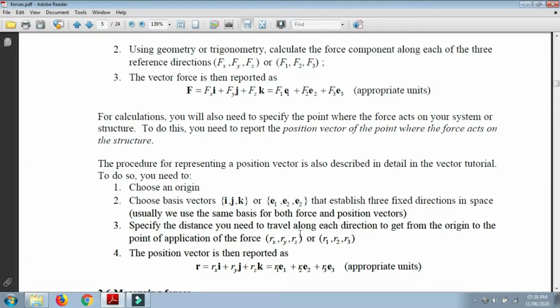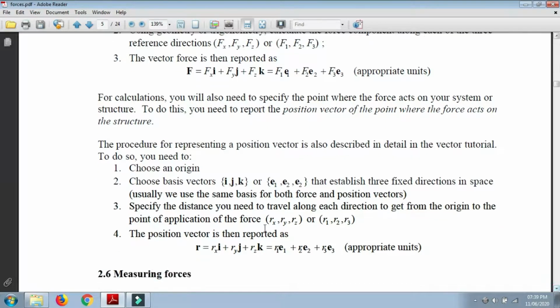Specify the distance you need to travel along each direction to get from the origin to the point of application of the force by Rx, Ry, Rz or R1, R2, R3, depending upon your axes or the coordinate system that you have taken. The position vector is then reported as R equals Rx i plus Ry j plus Rz k, or R equals R1 E1 plus R2 E2 plus R3 E3.